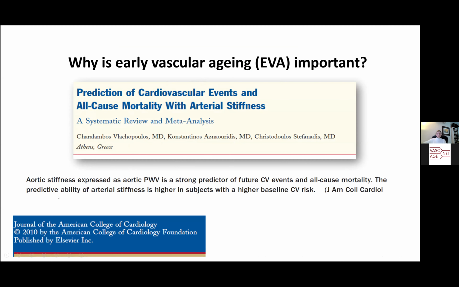And it also indicated that it is higher in subjects with a higher baseline cardiovascular risk. It reflects all in absolute cardiovascular risk assessment, and already then suggests a potential role for pulse wave velocity to play in risk assessment for future events.